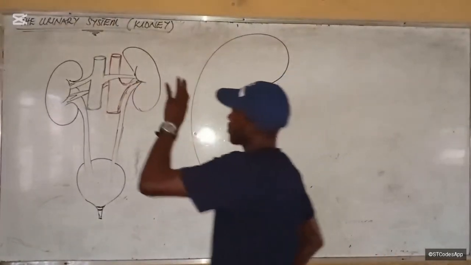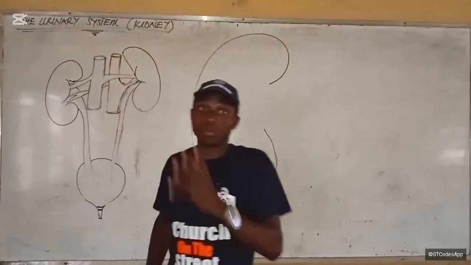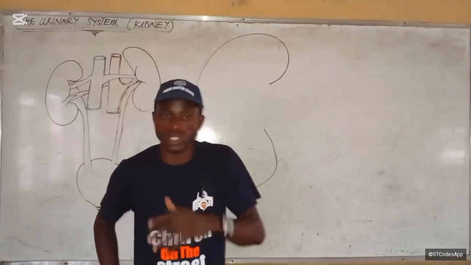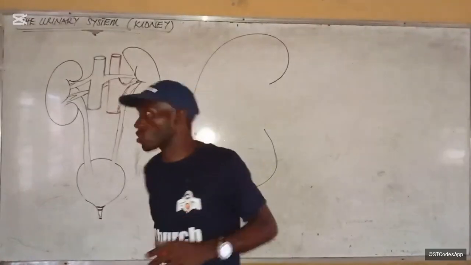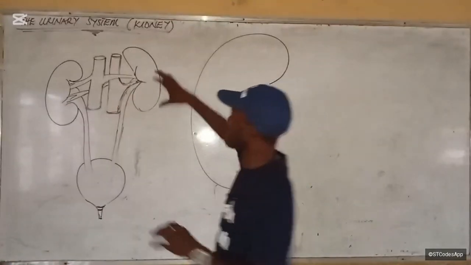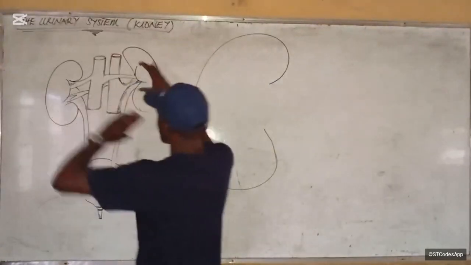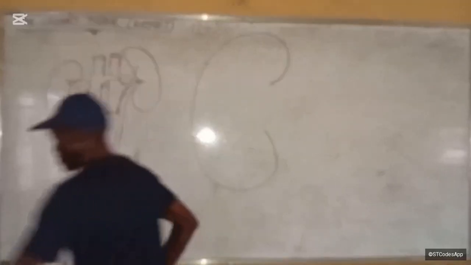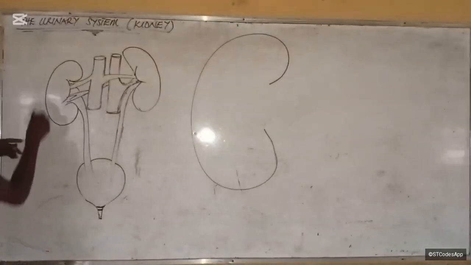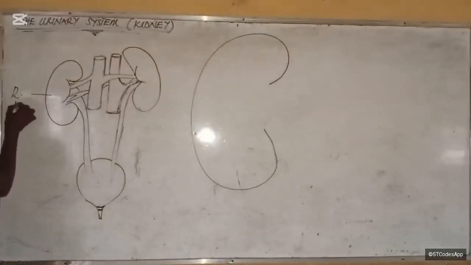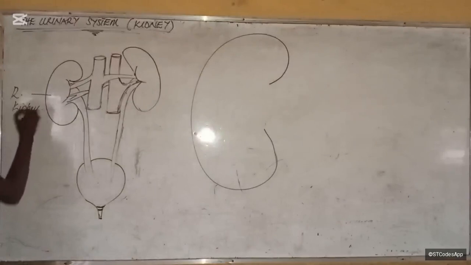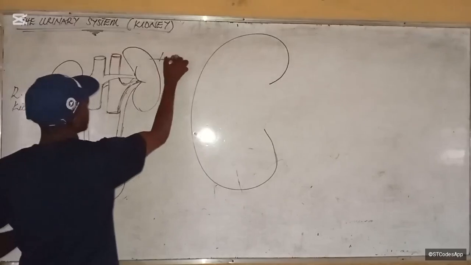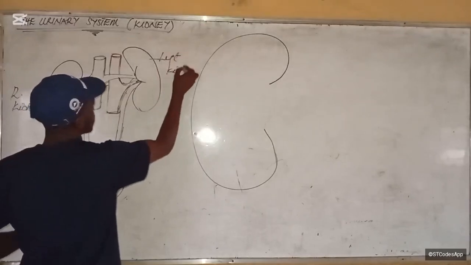Now, the urinary system, as the name implies, is the system that produces urine. It is comprised of the right and left kidneys. So let's label that. We have the right kidney, then we have the left kidney.